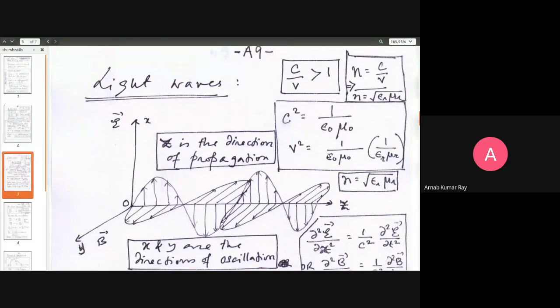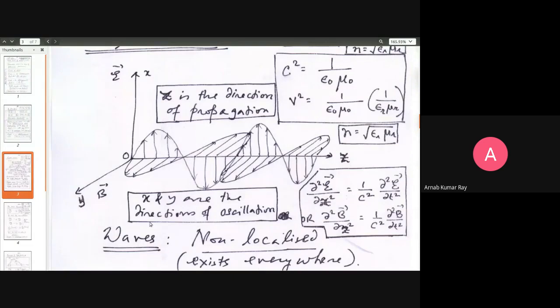But now, instead of two trains, you think of one light beam traveling at 3 lakh kilometers per second and another light beam traveling parallel to it in the same direction, with the same speed, 3 lakh kilometers per second. Viewed from one light wave train, the speed of the other light wave train will not be zero.